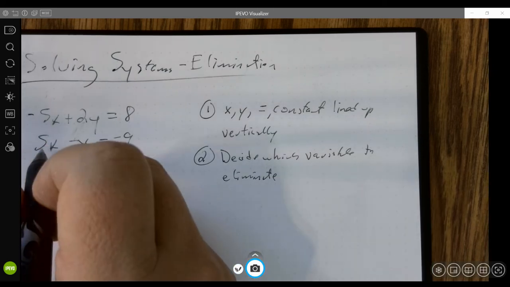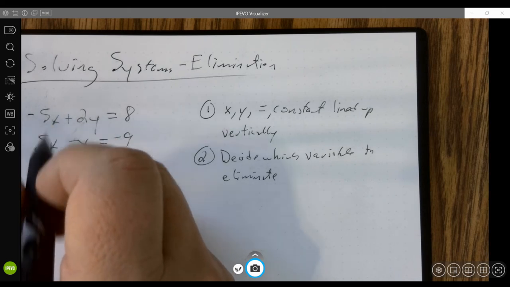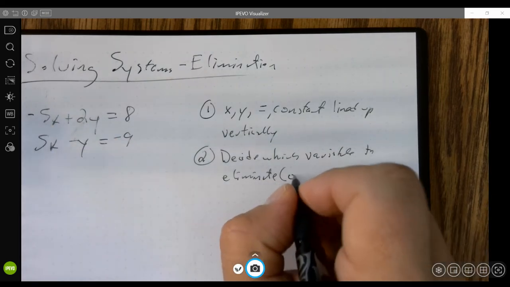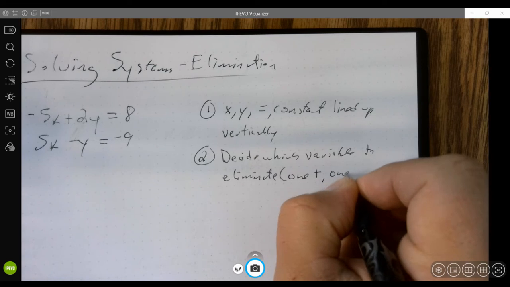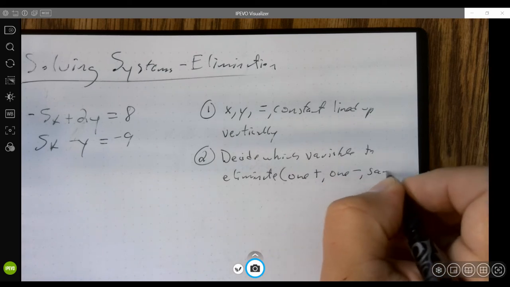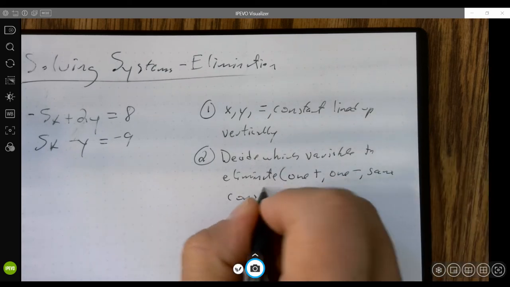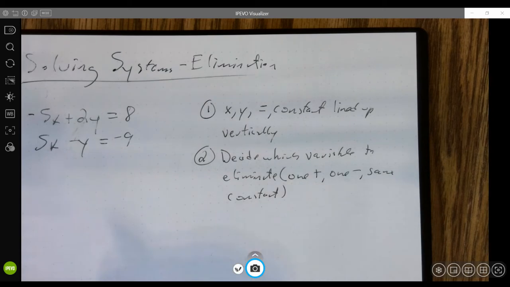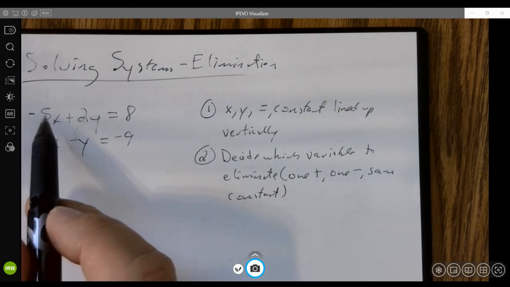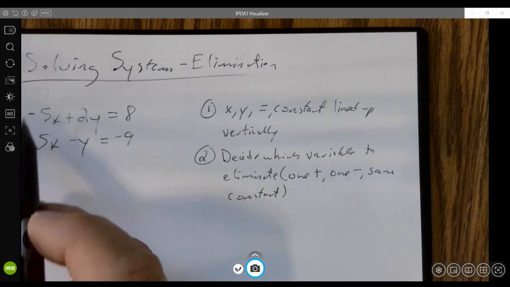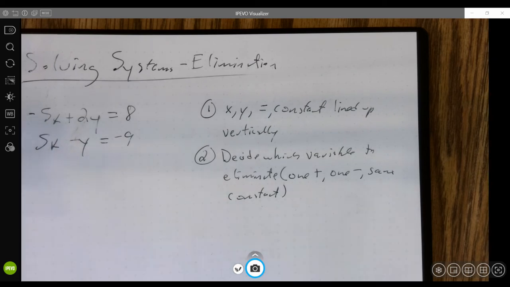So sometimes like this, if I look at elimination, how do you make it eliminate? One needs to be positive, one negative, and they need to be the same constant. So if I ignore positive, negative, this is 5, but then they're also positive, negative. You think 5 minus 5 is 0. I want to eliminate and get rid of those.